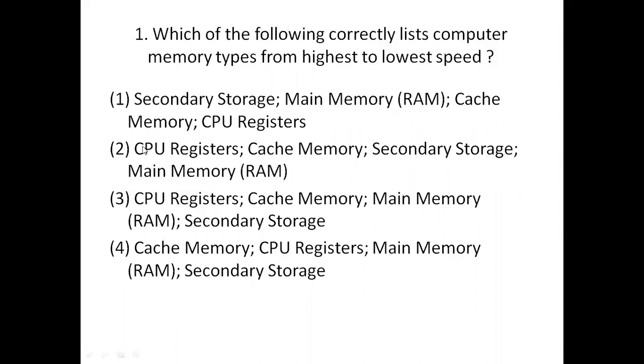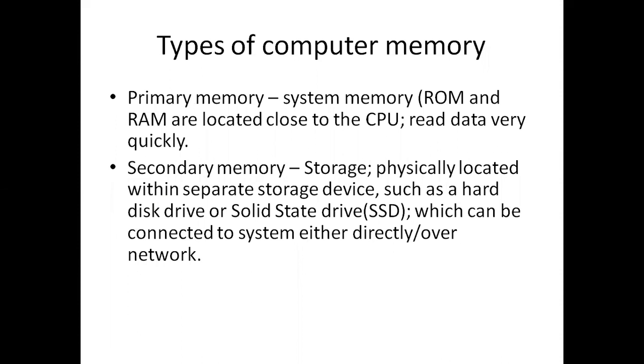Before moving on to the correct answer, let me introduce some of the concepts to you. Types of computer memory. When you talk about the memory of a computer, there are 2 classifications: primary memory and secondary memory. Primary memory is also known as system memory because it is stored in a computer or in your laptop.